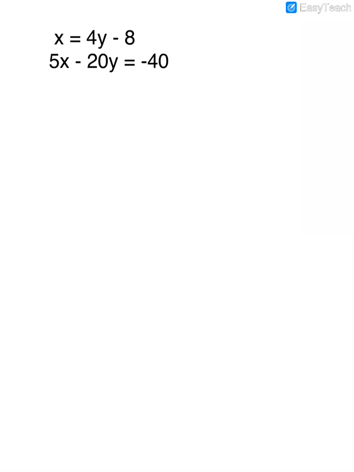All right, here's another one. This one I think would be easier to use substitution because we already have a variable by itself. The x is already by itself in the top equation. So I'm going to take what x is equal to, this, and substitute it into the other equation for x. Okay, so let me rewrite this. I have 5 and I'm substituting in 4y minus 8.